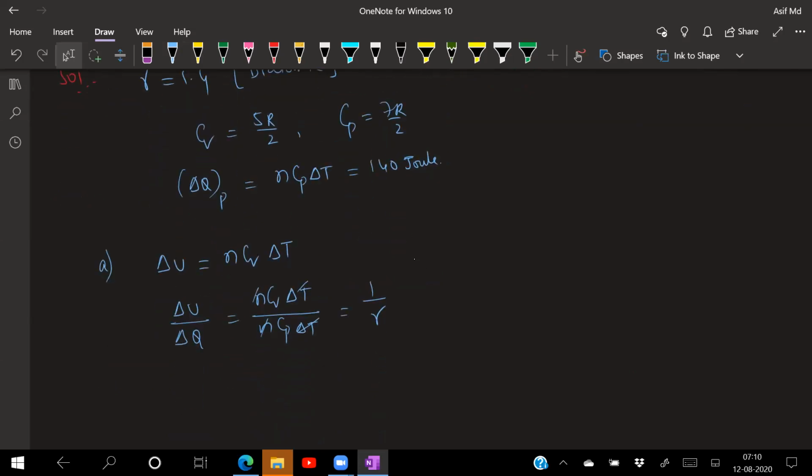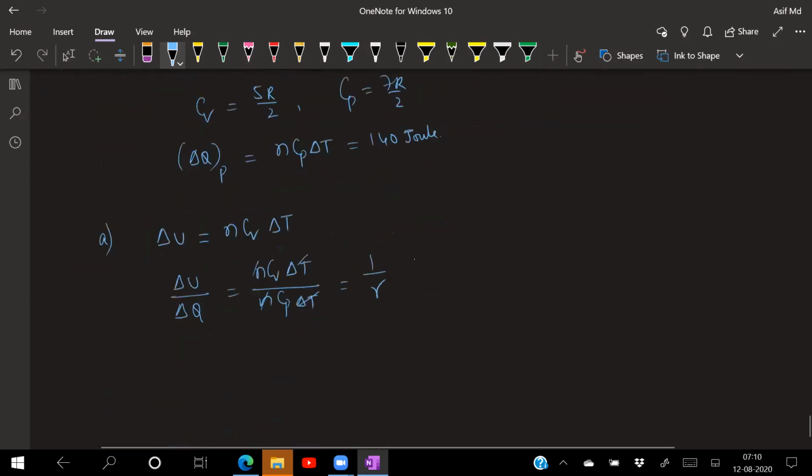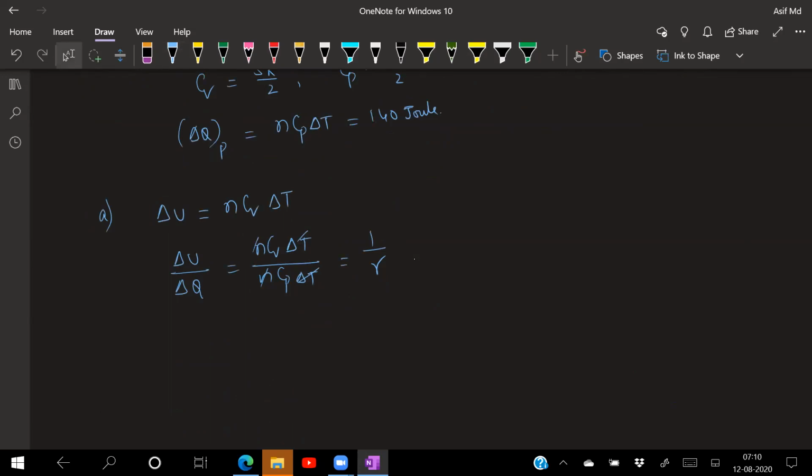That is also one condition right now. I don't know the number of moles. It would become a very big problem to calculate the number of moles, the temperature, and the value of CV. CV value I have, but I don't have temperature or number of moles. So to overcome that, I am dividing by delta Q, the energy he has given me. So I am getting that value as 1 by gamma.